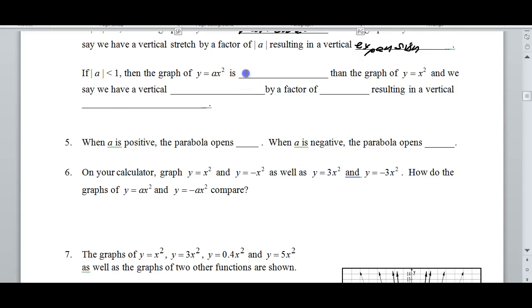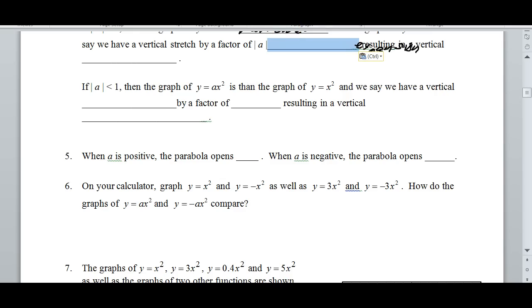So here we are, if the absolute value of a is less than 1, then the graph of y equals ax squared is the graph of y equals x squared, and we say we have a vertical stretch by a factor of the absolute value of a, resulting in a vertical compression.